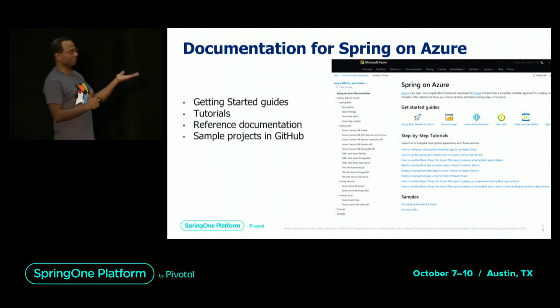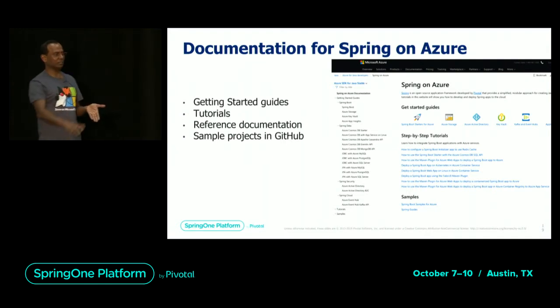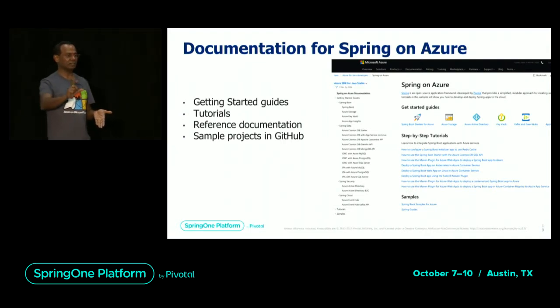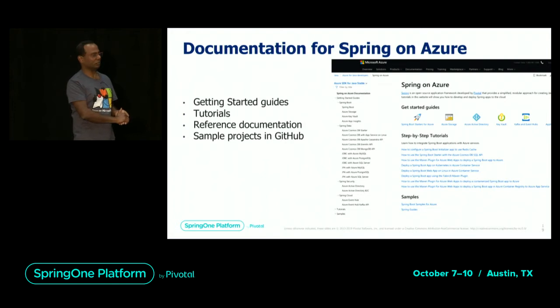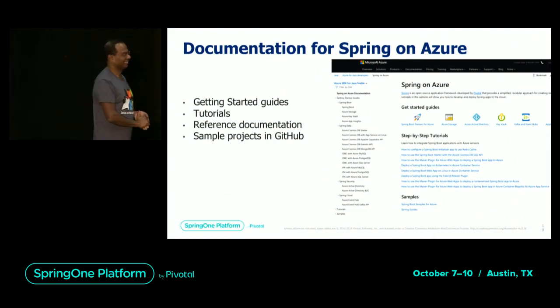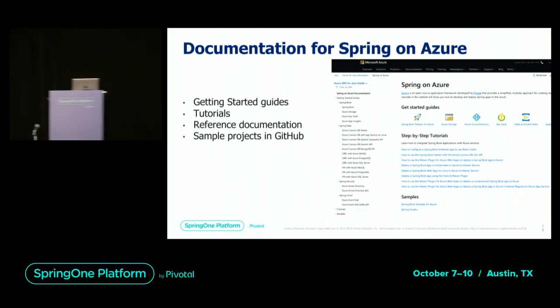We also have a mirror page on cloud.spring.io, which lists similar things and then navigates to the details on docs.microsoft.com. Right? And Barbara's team is the one that drives all those efforts. There's no public cloud that puts more effort into Spring than Microsoft does, so kudos to you all.